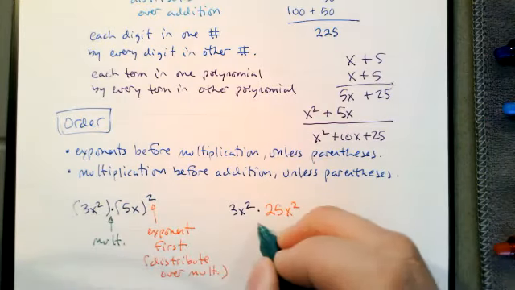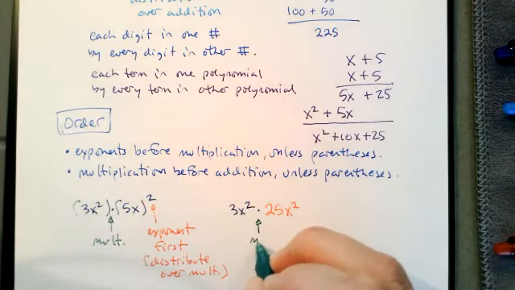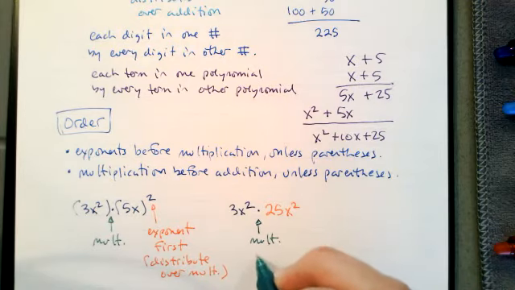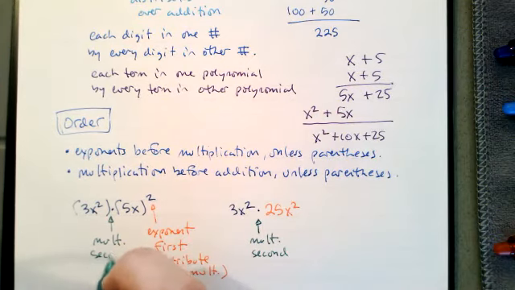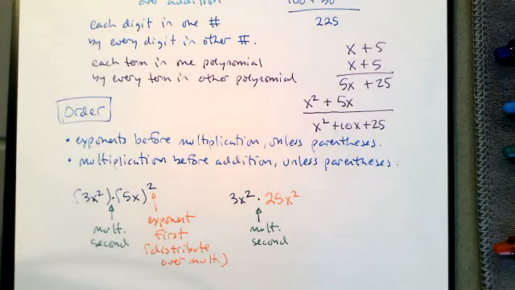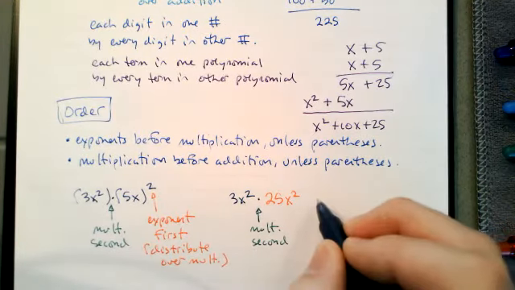This multiplication is the multiplication that we started with. Now, when we're multiplying things, 3 times 25, I can just multiply those parts. 3 times 25 is 75.